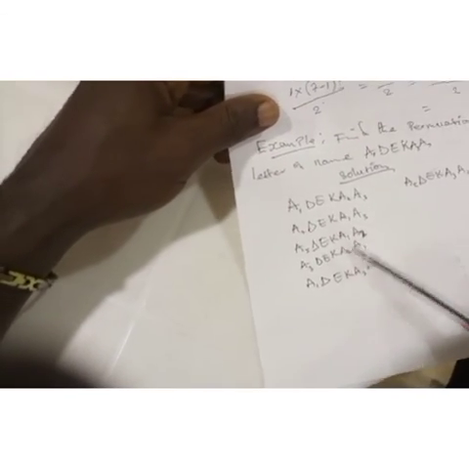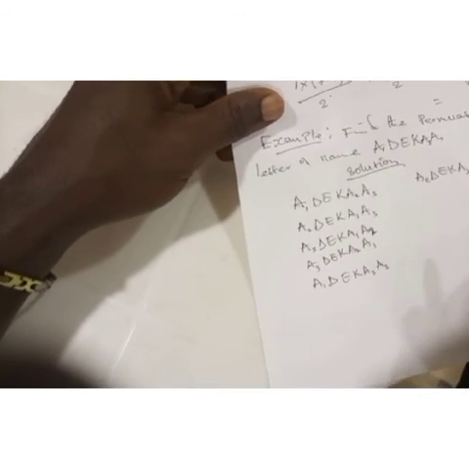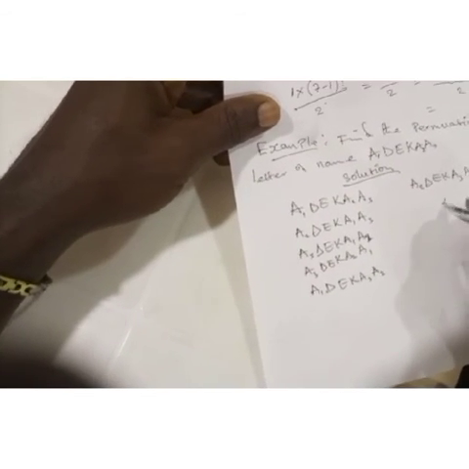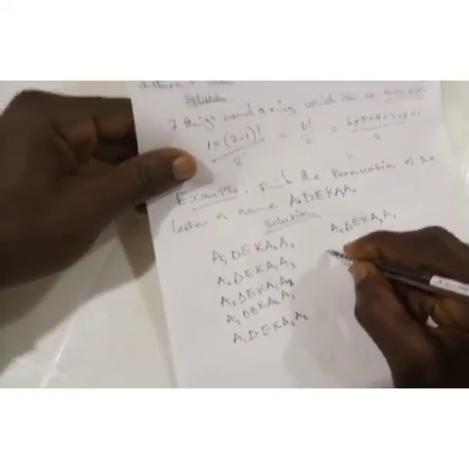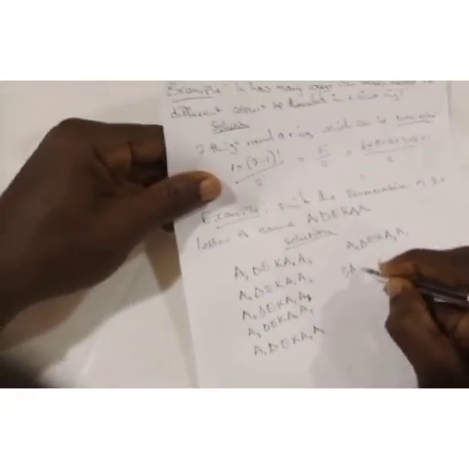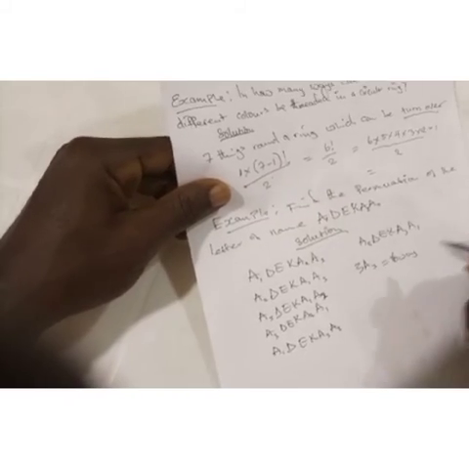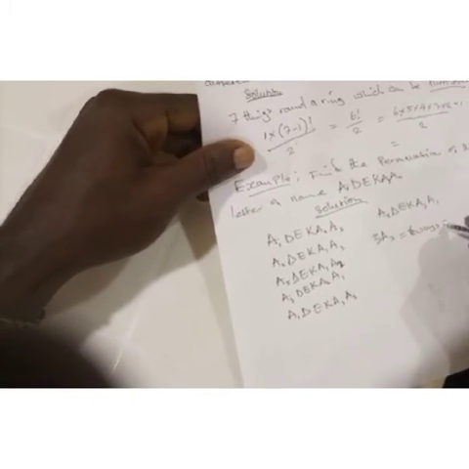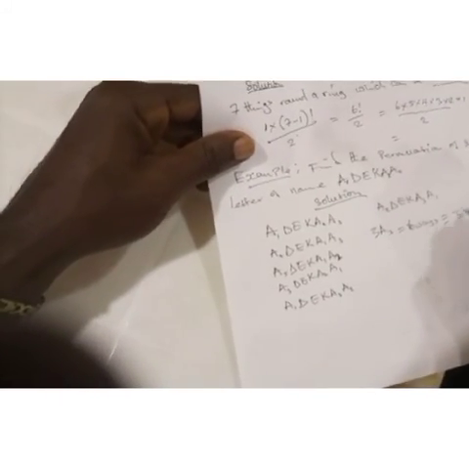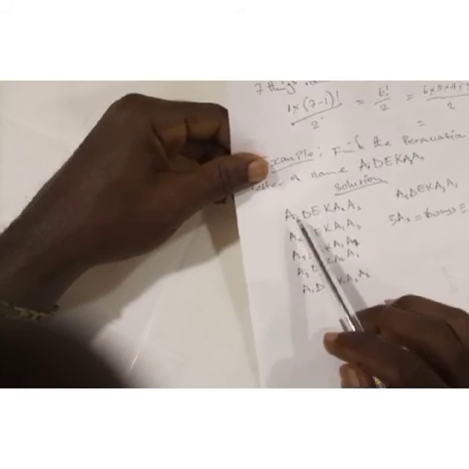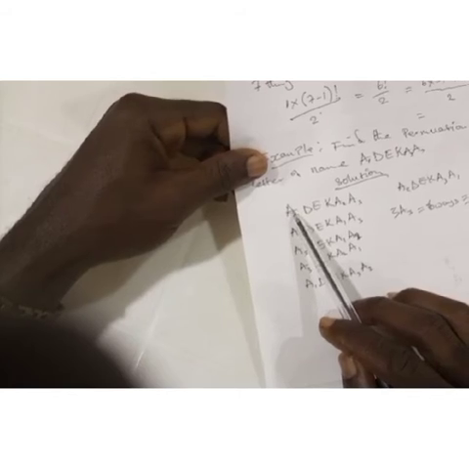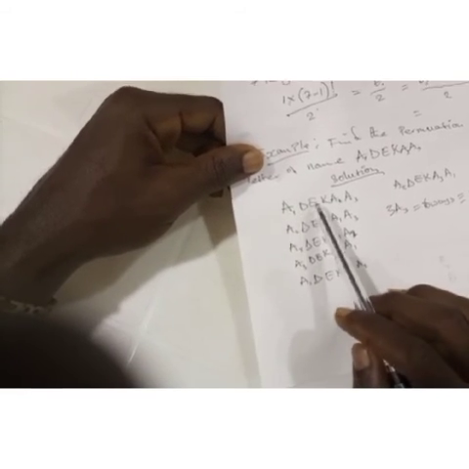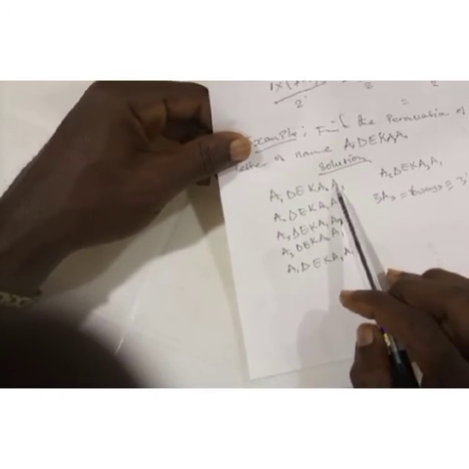1, 2, 3, 4, 5, 6. That is 6 ways for the 3 A's, which is equivalent to 3 factorial. But the name Adika has how many letters? 1, 2, 3, 4, 5, 6.